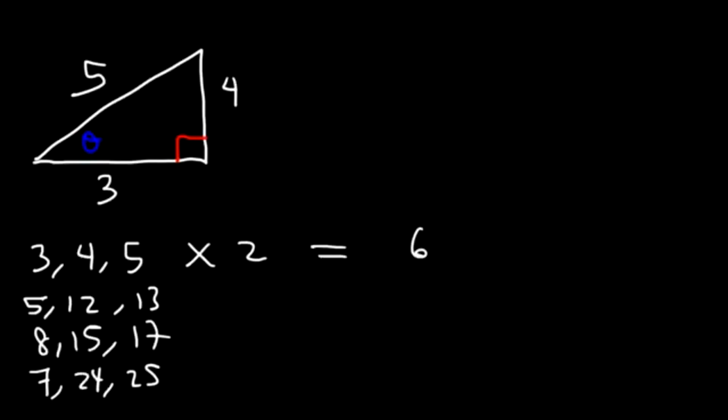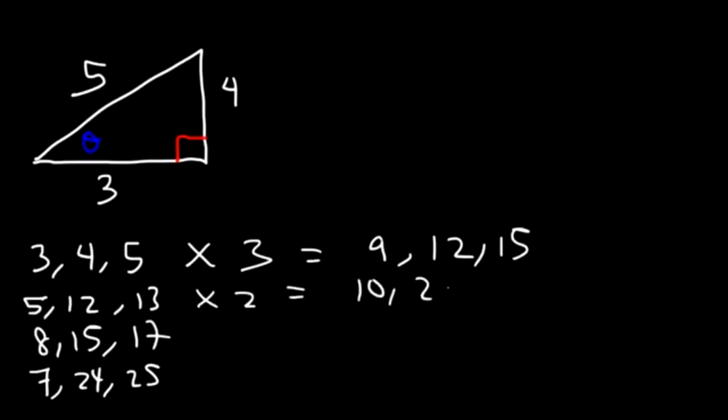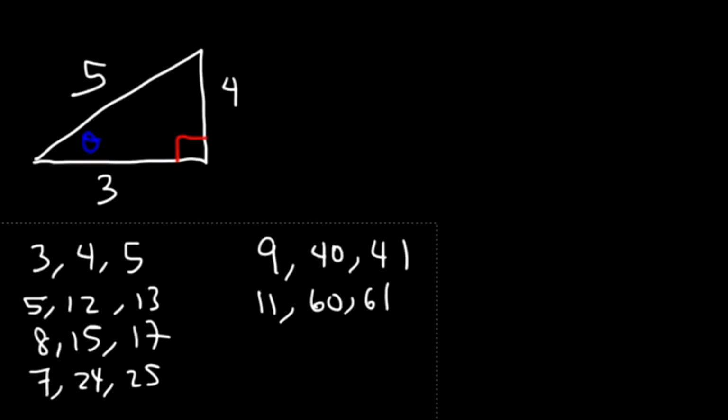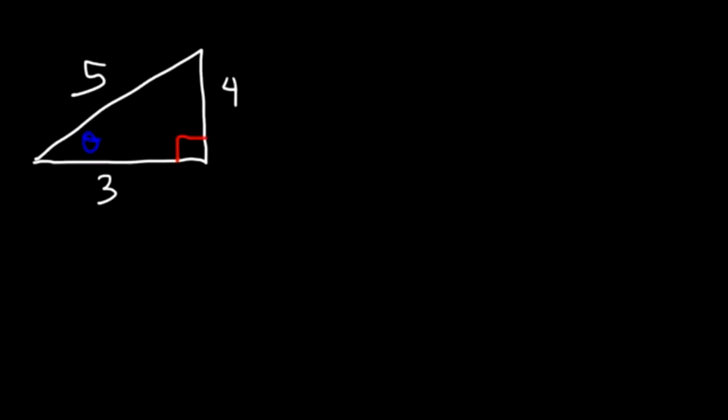Or if you multiply it by 3, you get the 9, 12, 15 triangle. If you multiply the 5, 12, 13 by 2, you get the 10, 24, 26 triangle. Those are also special triplets. They work with any right triangle. Some other numbers that are less common but you might see are the 9, 40, 41 triangle and the 11, 60, 61. So if you see some of these numbers, you can find the missing side quickly if you know them.